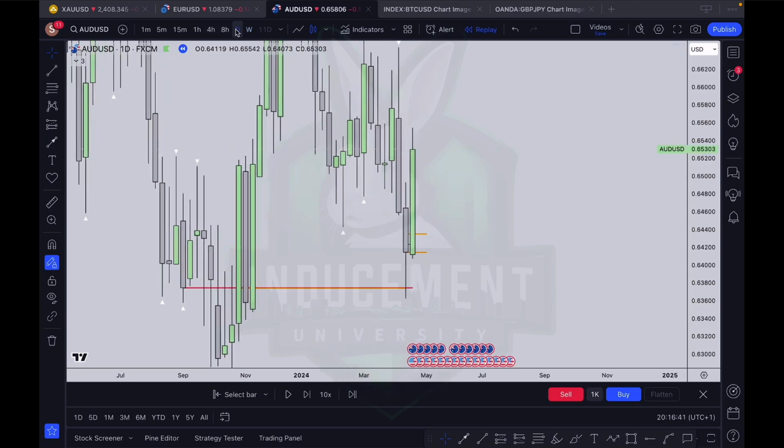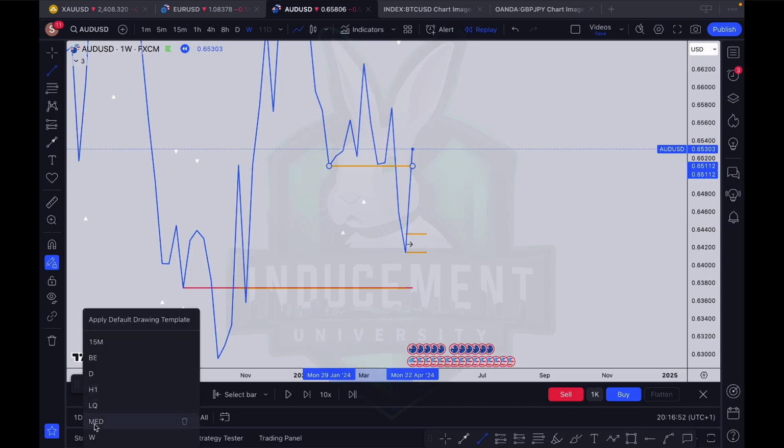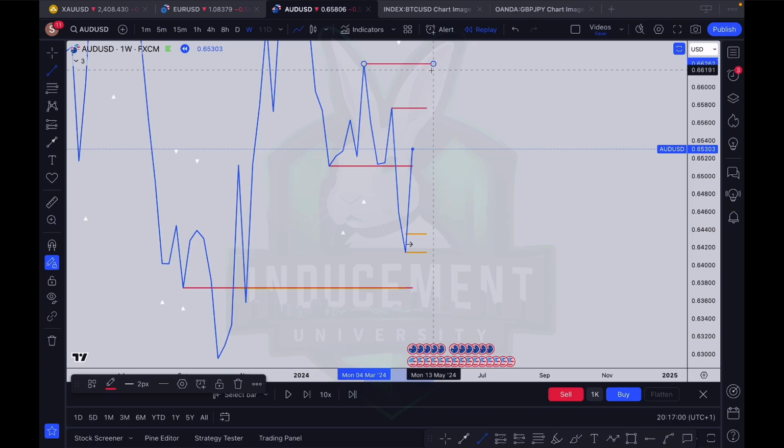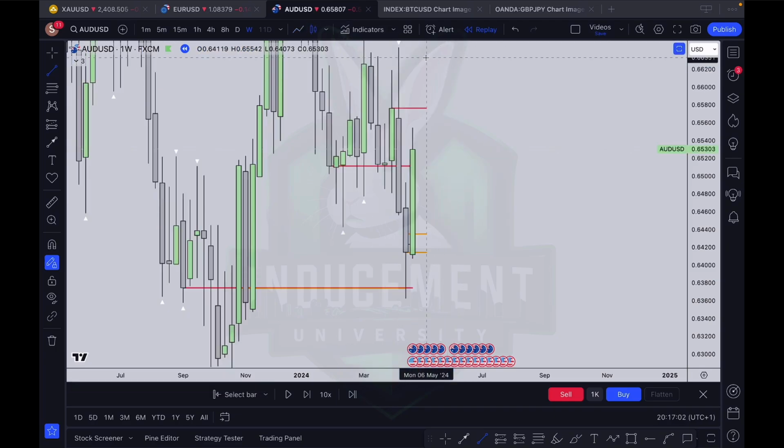Now, one thing we actually haven't done is identified our first level where we could be looking for a short from, and that would actually be this low here, as you can see. And then we've actually also got this one here as well, which hasn't been tapped. And then finally, this one up here, I believe, which hasn't been tapped. No, that one has been.